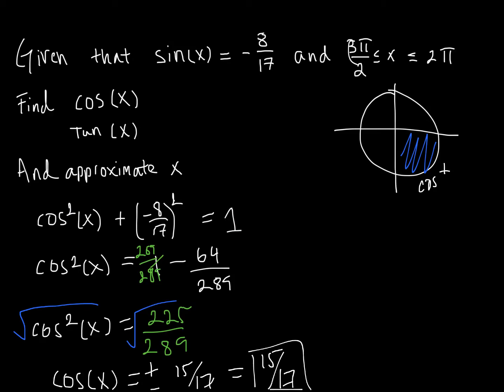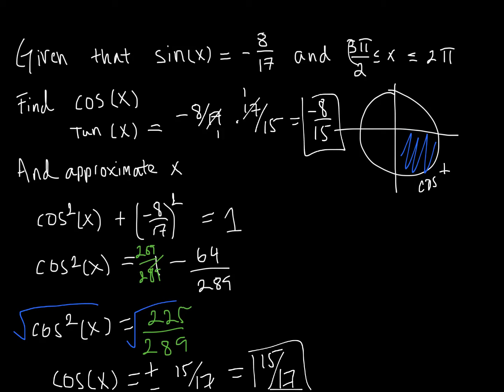And then, of course, you can find the tangent by taking the sine and dividing it by the cosine. So I'd have negative 8/17, and instead of dividing by 15/17, I'll just multiply by the reciprocal, which is 17/15. And 17 over 17 is 1 over 1. So I'm going to end up with negative 8/15 as my tangent.